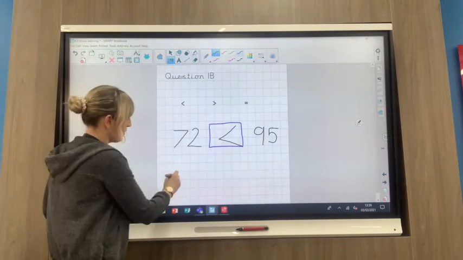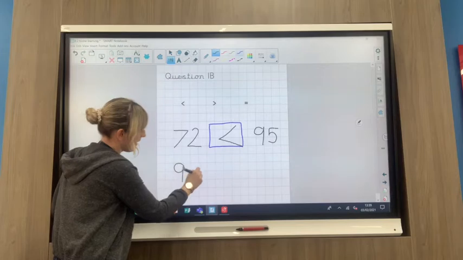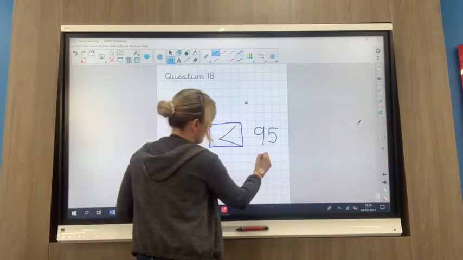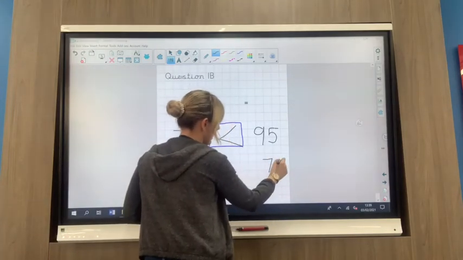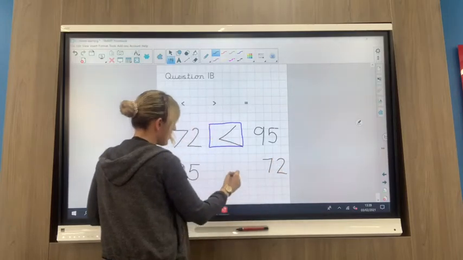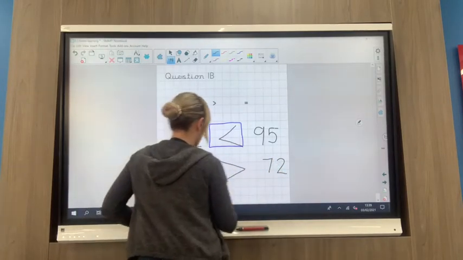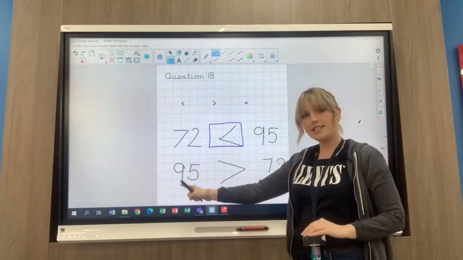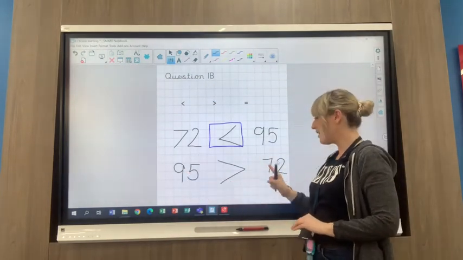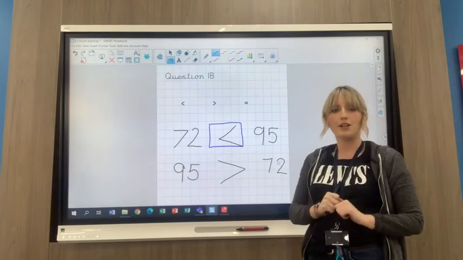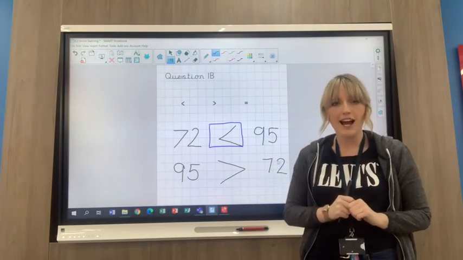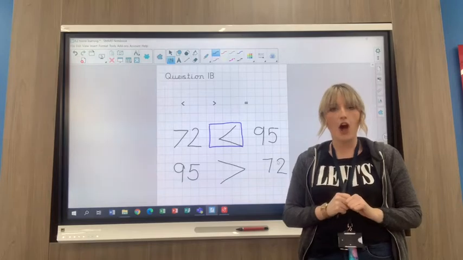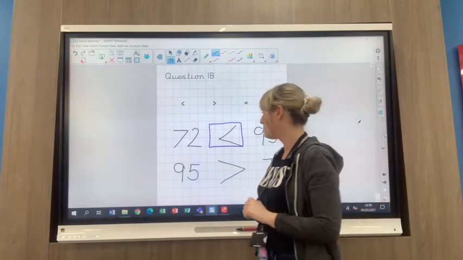Now if it was the other way round and I had 95 this side and 72 this side, it would go the opposite way and my crocodile would open that way and it'd be 95 is greater than 72. So remember that crocodiles are greedy. They only eat the bigger number.